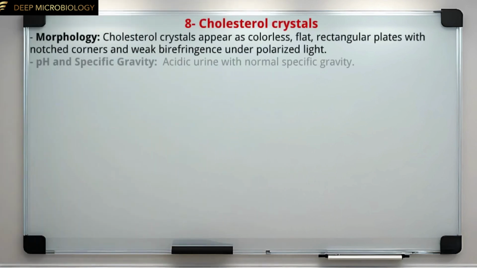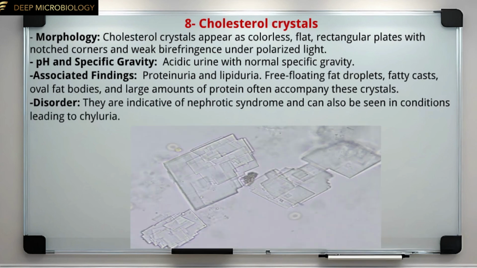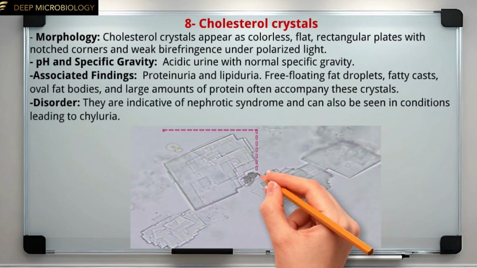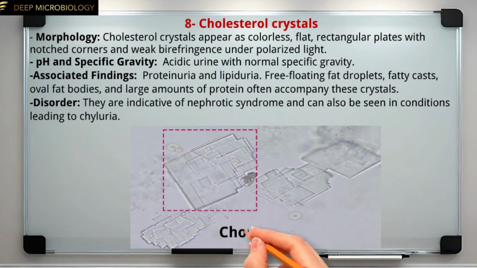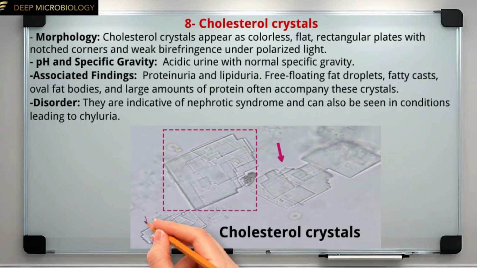8. Cholesterol crystals. Morphology: cholesterol crystals appear as colorless, flat, rectangular plates with notched corners and weak birefringence under polarized light. pH and specific gravity: they are typically seen in acidic urine with normal specific gravity.